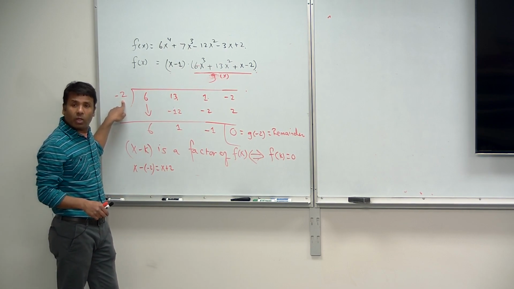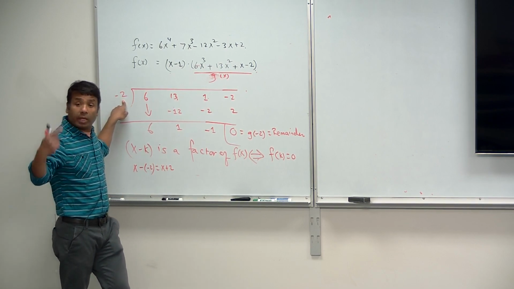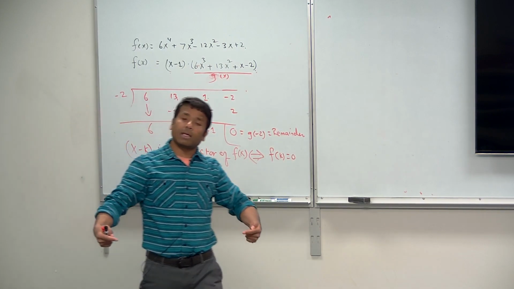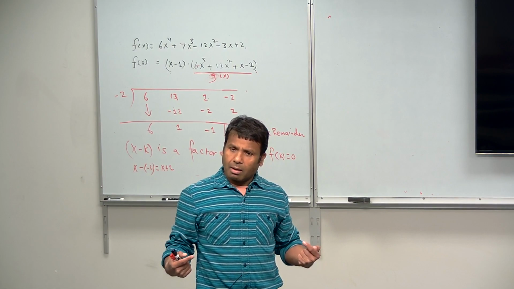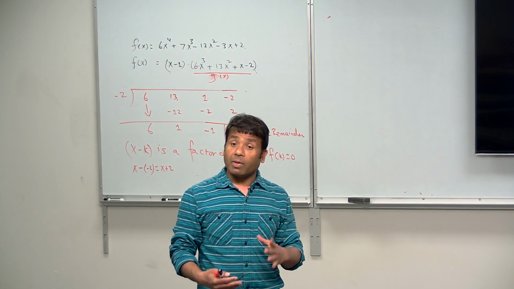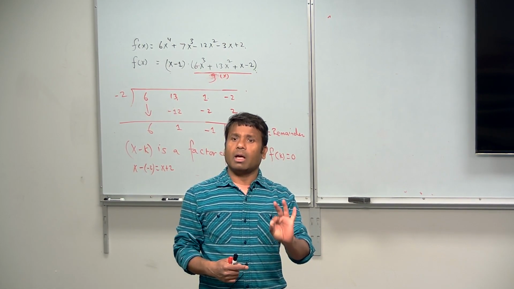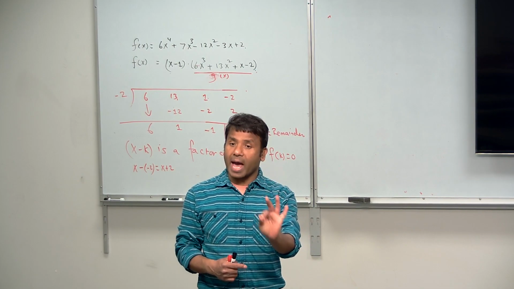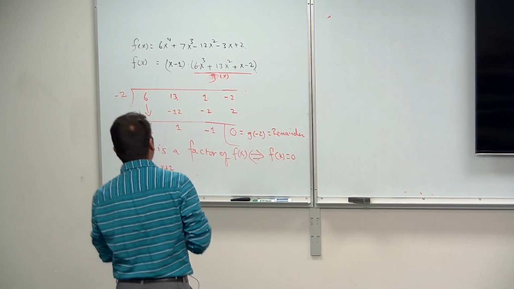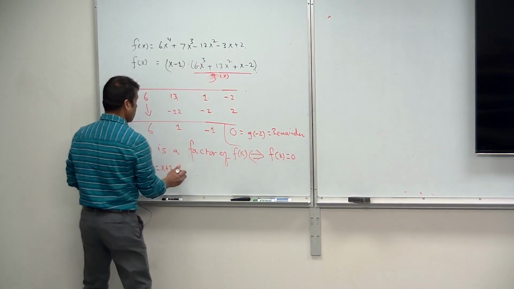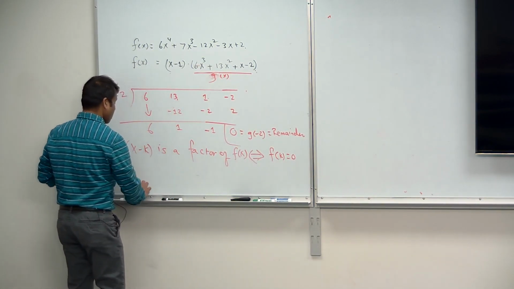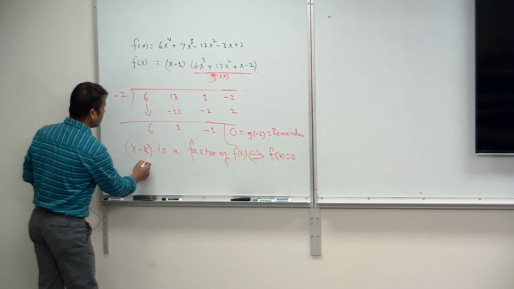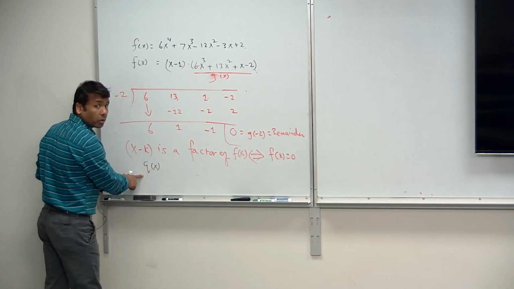So by the division algorithm, there exists a unique polynomial q(x), which is the quotient, right? So what is the quotient here? You can write down the quotient q(x). This is the quotient, okay?